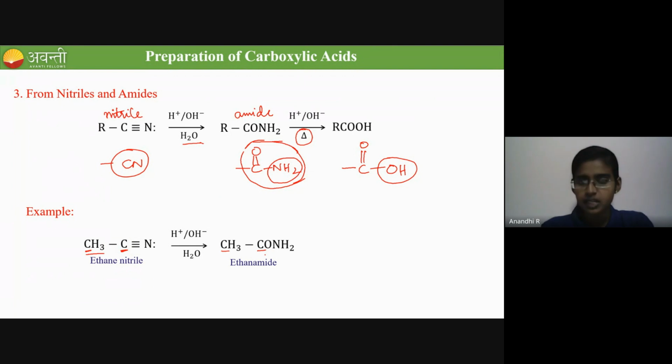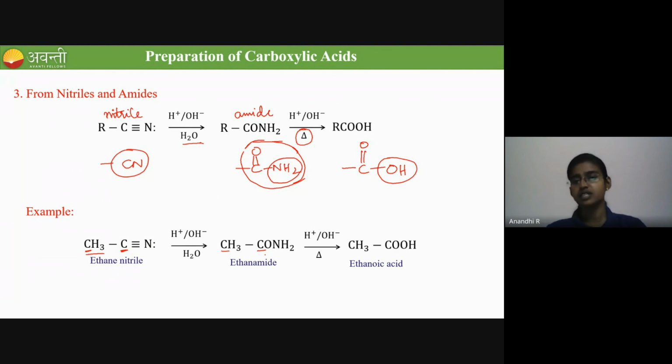And then ethanamide on further hydrolysis forms the 2 carbon containing ethanoic acid, CH3COOH. Okay. So this is the preparation of carboxylic acid from nitrile or amide.